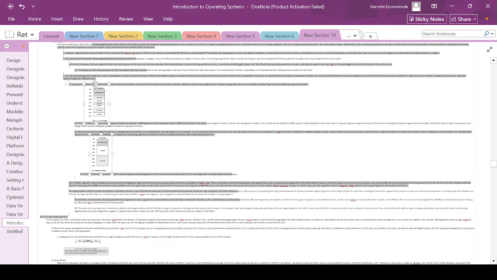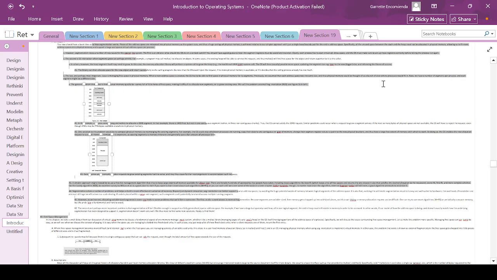So the last and perhaps most important issue is managing free space in physical memory. When a new address space is created, the OS has to be able to find space in physical memory for each of its segments. Previously, we assumed that each address space was the same size, and thus physical memory could be thought of as a bunch of slots where processes would fit in.